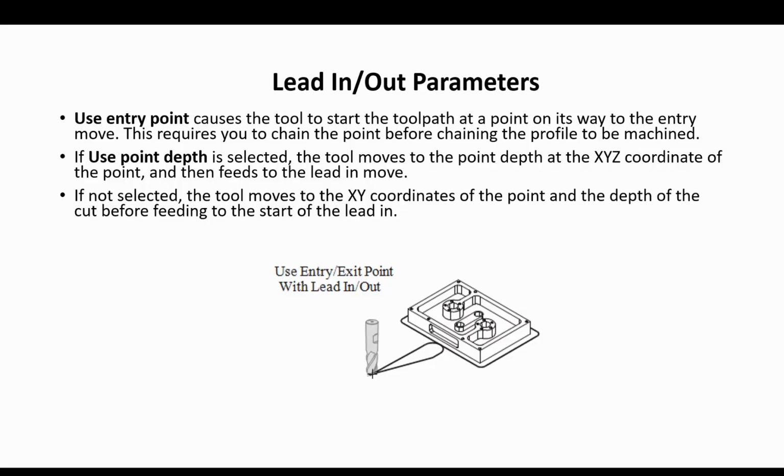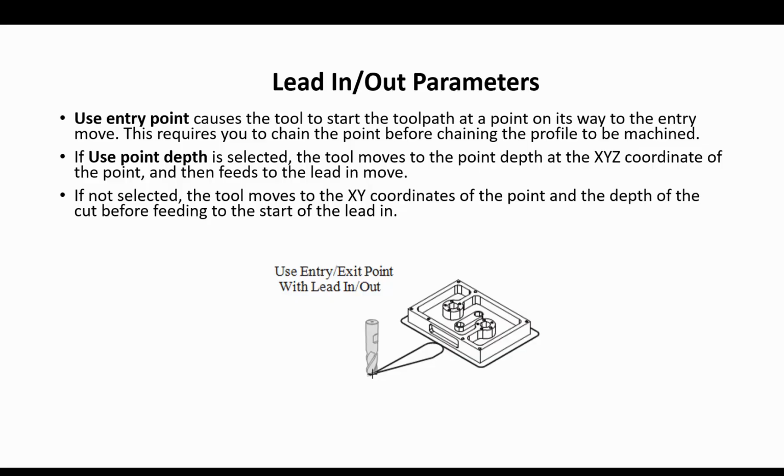Use entry point causes the tool to start the toolpath at a point on its way to the entry move. This requires you to chain the point before chaining the profile to be machined. You can use the same point as the exit point once the profile is machined, or you can select another point as the exit point.